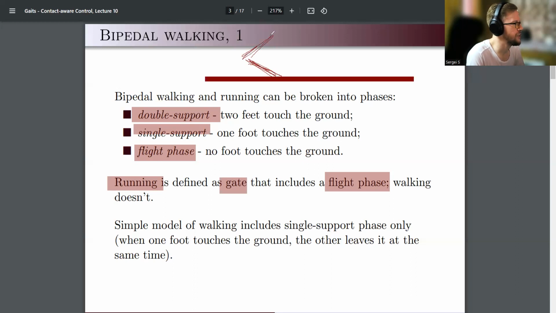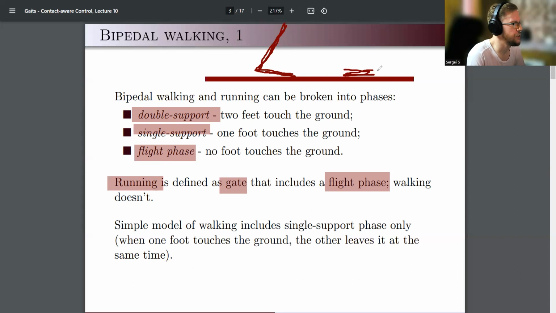Imagine your foot looks like this, and then the shin goes up. Right here, you touch the surface with your toe. That is one kind that you can have.